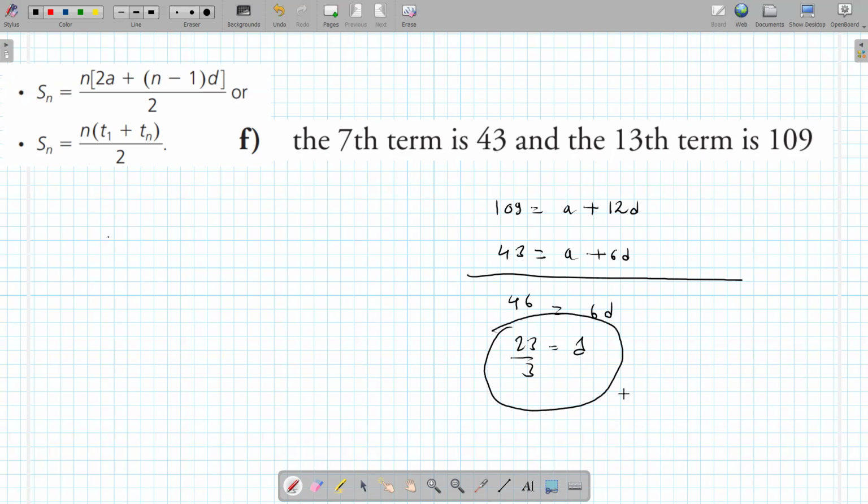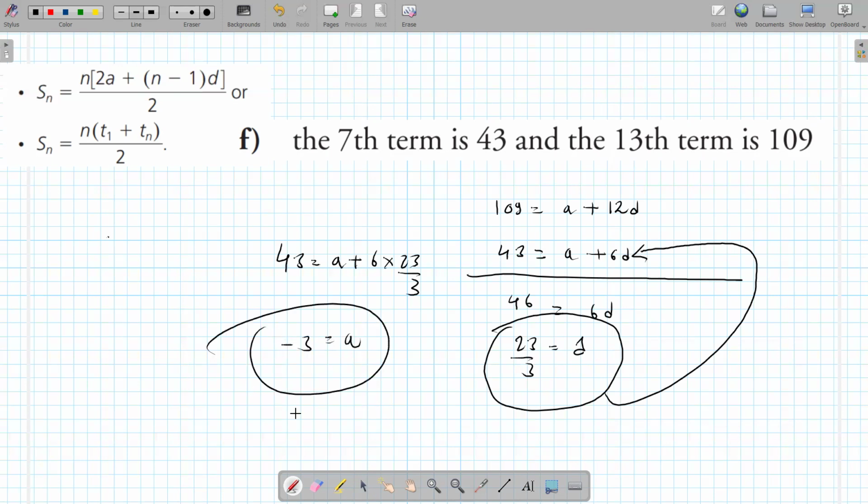You can plug this in any one of them. I'm going to plug it in here to find my A value. So 43 is A plus 6 times 23 over 3. So 43 minus 6 times 23 over 3. A value is -3.